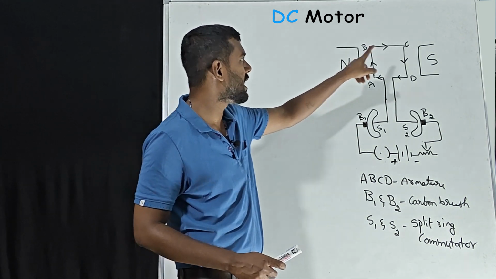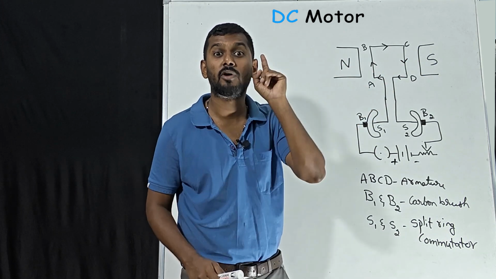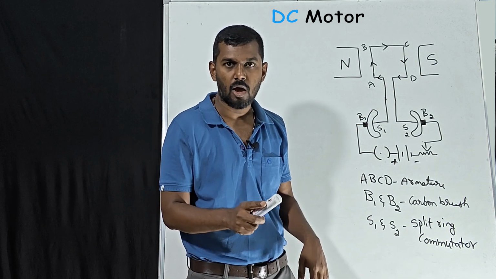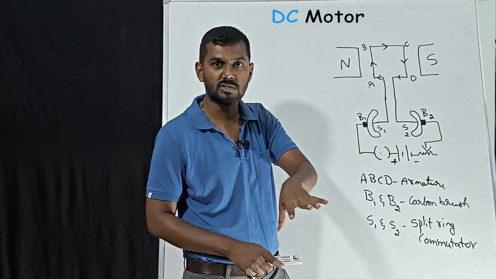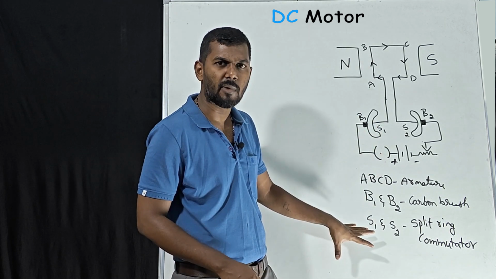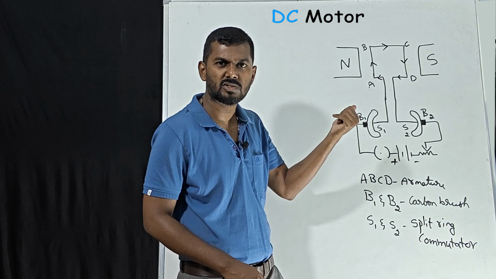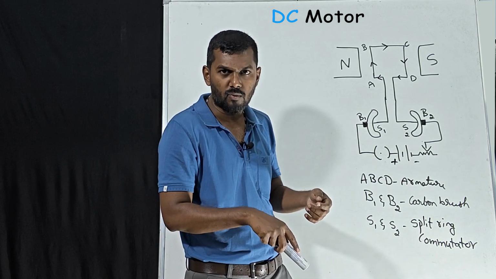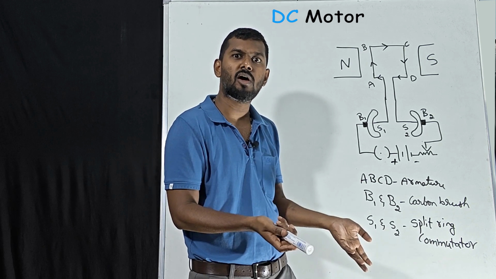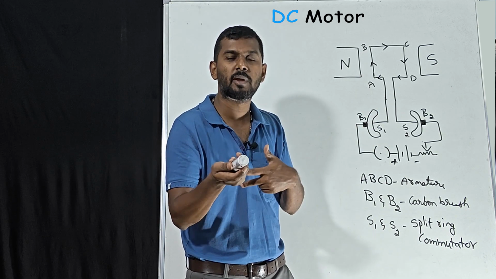North and south of the magnets are very important. Keep this in mind. See the same diagram in theory solutions also, everything is the same. The working is also the same. In this diagram, we are going to get anti-clockwise. In some other diagram, it will be clockwise. With the same diagram, the students will be confused. Why?